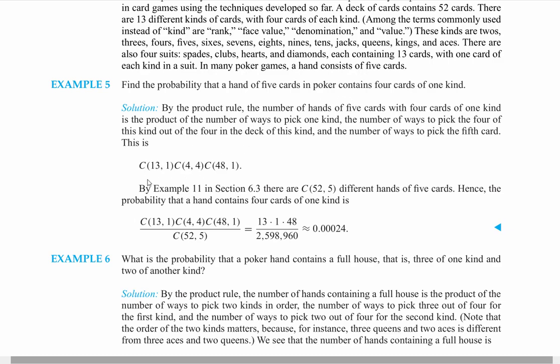And now we're choosing the kind where we have the 4 cards: 13 ways to pick the kind. Then choosing 4 from 4, there's only one way to have all 4 cards. And now there's only 1 card left to choose, so 48. Choosing 1 from 48, there are 48 ways to pick the last card.